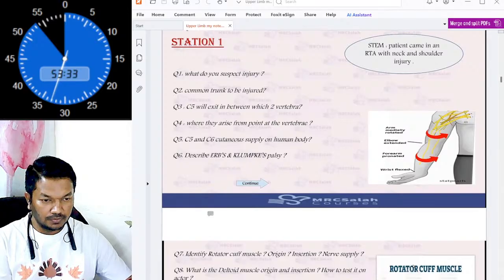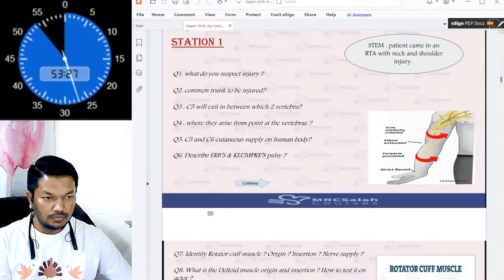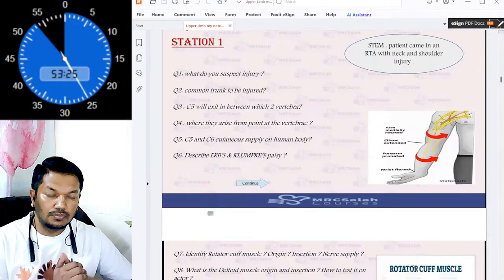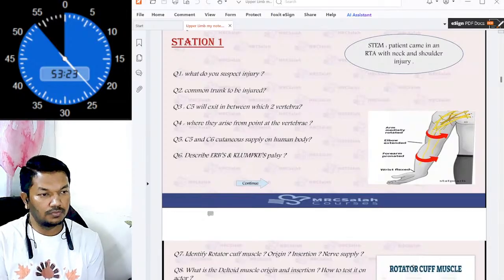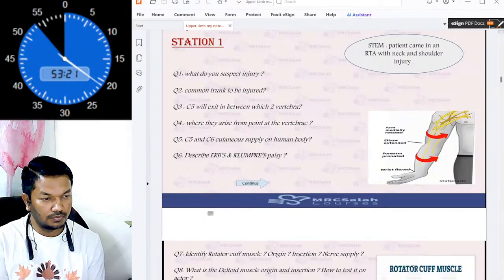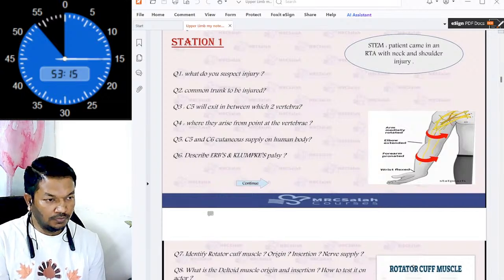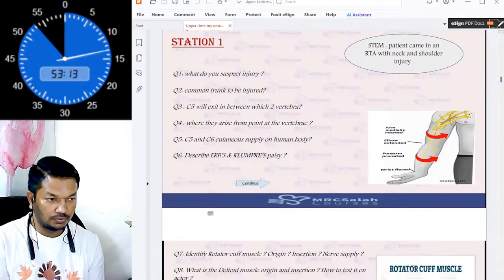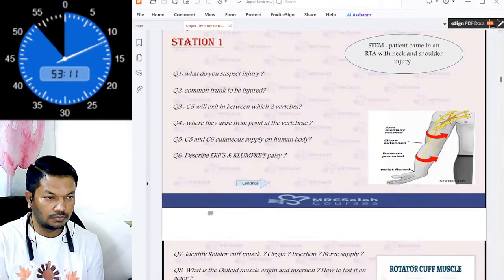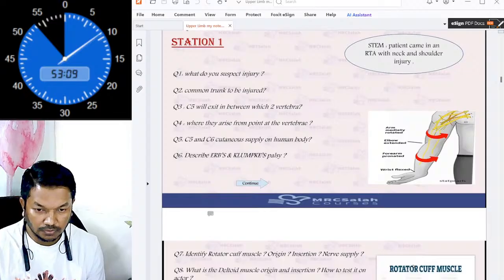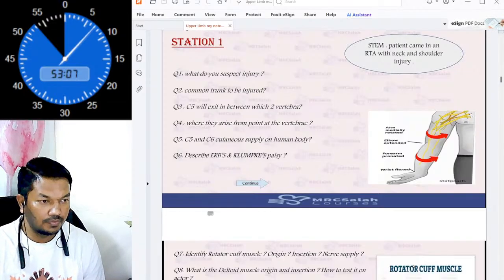Rotator cuff muscles: supraspinatus, infraspinatus, teres minor, and subscapularis. Supraspinatus originates from the supraspinous fossa of the dorsal surface of the scapula and inserts into the greater tuberosity. Nerve supply, suprascapular nerve, and action is the external rotator of the arm and providing stability.